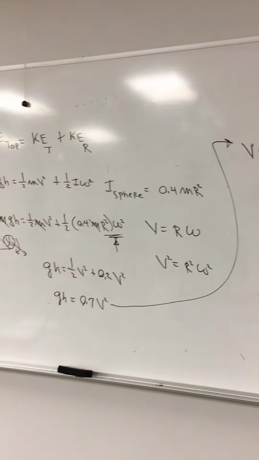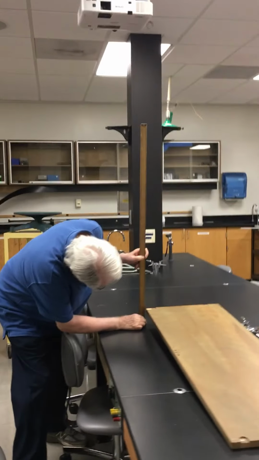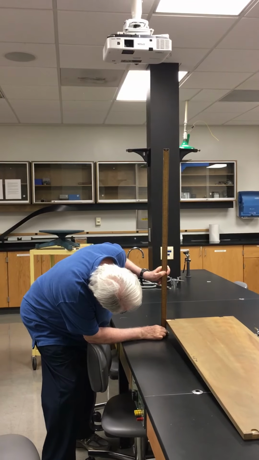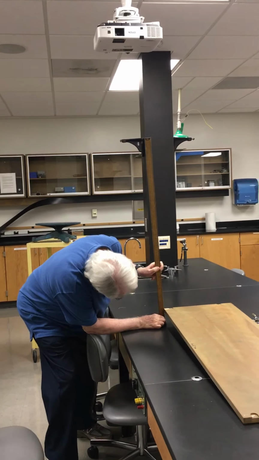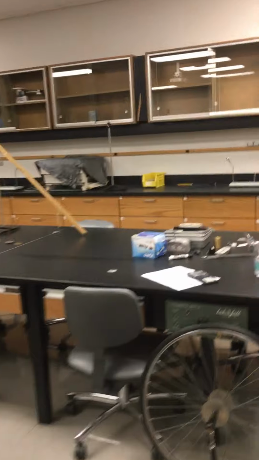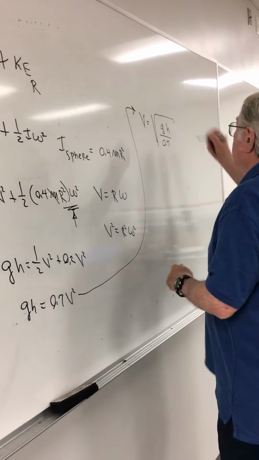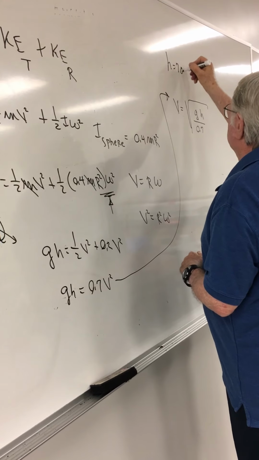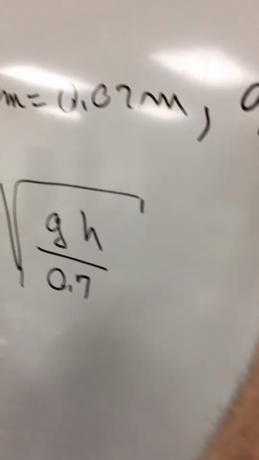So I'm going to measure this initial height. This initial height right here looks like it's about 7 centimeters. So let me write that on the board. h is 7 centimeters, which is 0.07 meters. Now we know what g is: 9.8 meters per second squared.